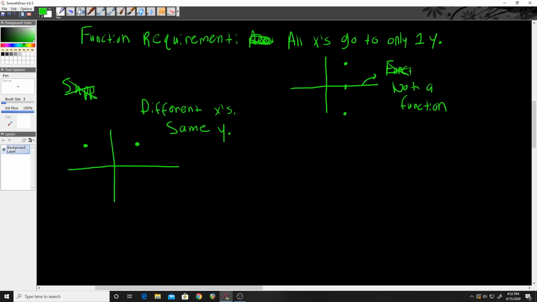Okay, so if we have a curve like this that touches both of these points, this is okay. All right.